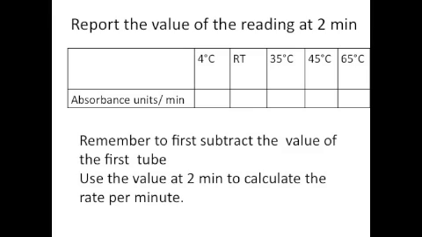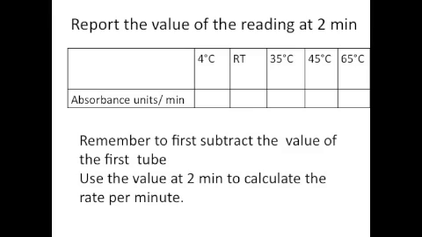Each one of you will have done the assay at a different temperature. We now need to collect the values that each group has done to get class results in order to estimate the effect of temperature on the enzyme.